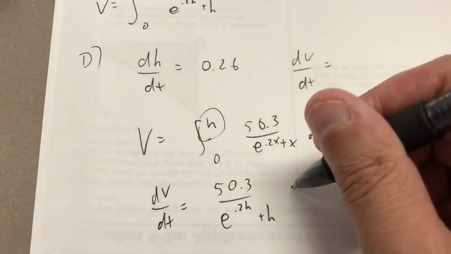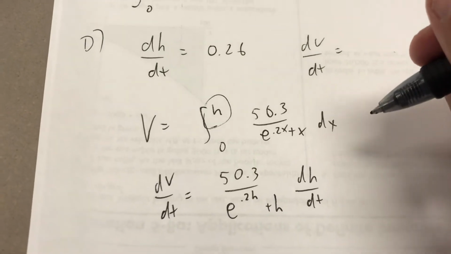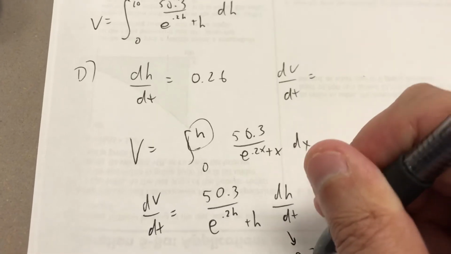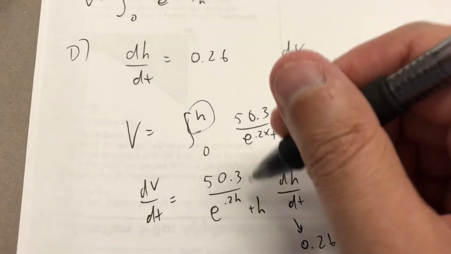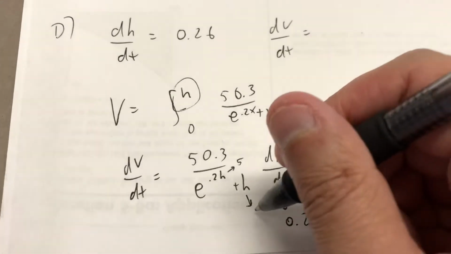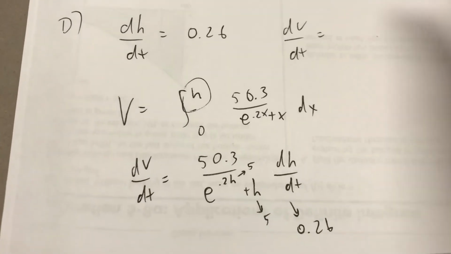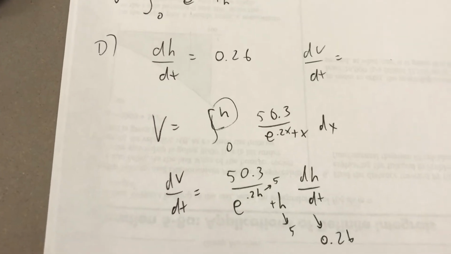That inside function there is going to be h, so that's times dh/dt. At this point, they tell us that that's 0.26, and they ask us to do this when the height is 5, so you're filling in a 5 there, and a 5 there, and that should give us our final volume. Again, you don't need to see me type all this in a calculator. The setup is where most of the points are going to come from. Obviously, sticking it in the calculator will probably get you an additional point at the end.